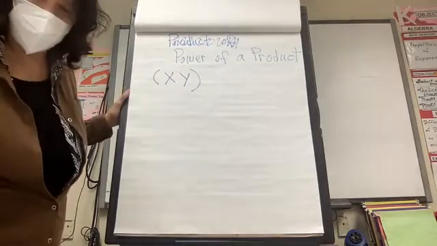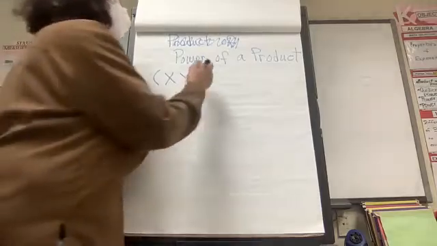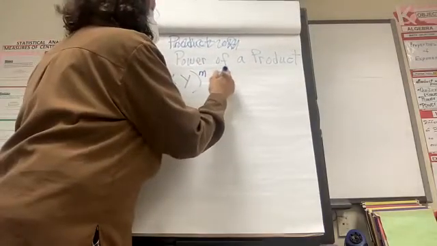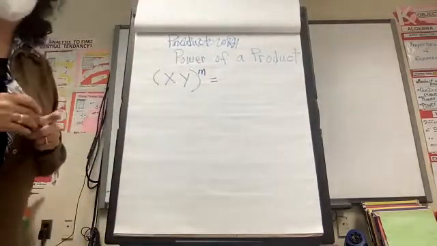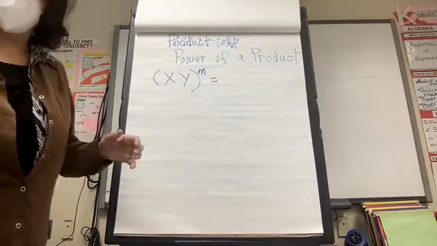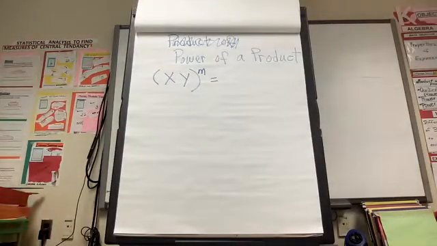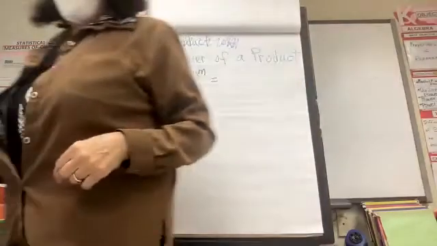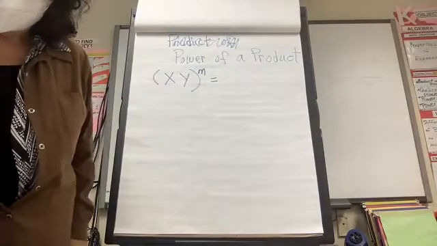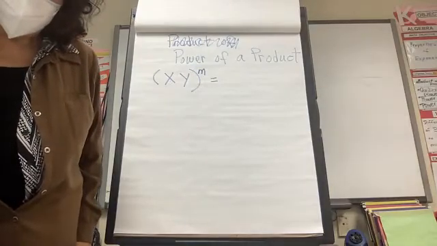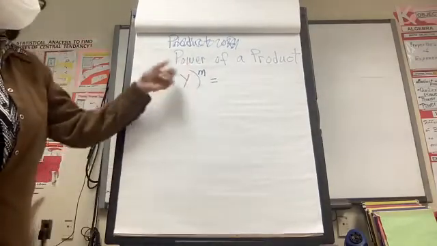And when we take a power of it, we can raise it to the power of M. And the way that works is the M again is like that spoiled little girl. And she says, I go for both of the numbers inside the parentheses. You're under my power. So when we have a power of a product, that means that the power goes for both of them.